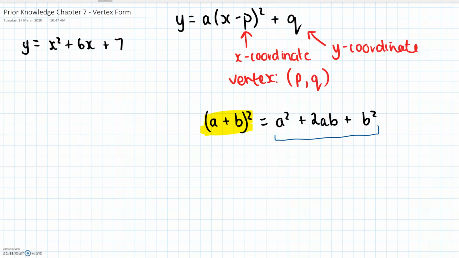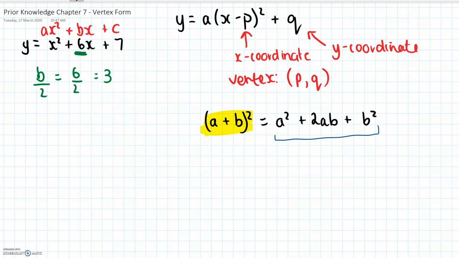So to find this, we take your b term. Your b term is 6 here, because remember that in a parabola we have ax squared plus bx plus c. So we're going to take that b term, which in this case is 6. If we do b divided by 2, that gives us 6 divided by 2, which is 3.